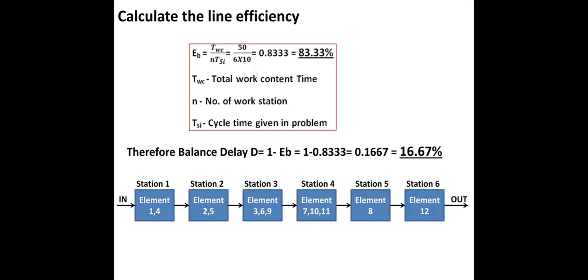The calculation of balance delay is the same as in the previous problem. You will get 83.33%, as the number of stations, element time and cycle time are the same. Balance delay will be equal to 16.67%. A small change in the assigning of elements in these tables.